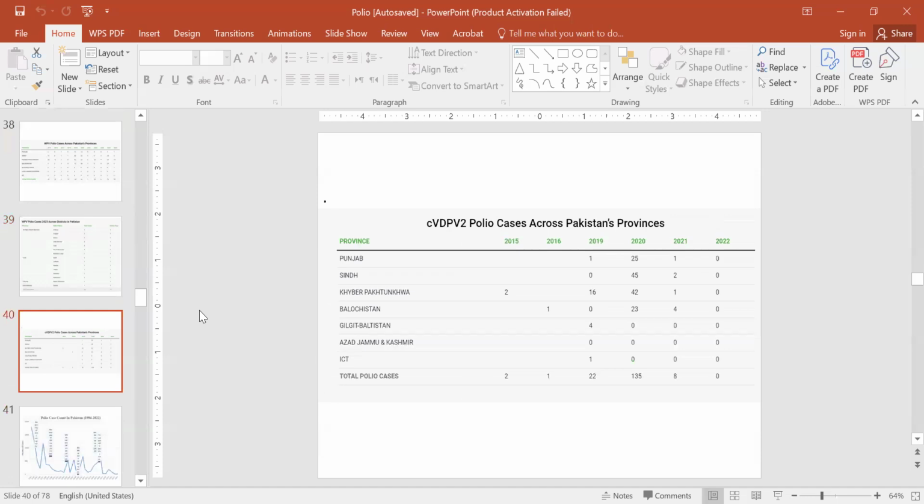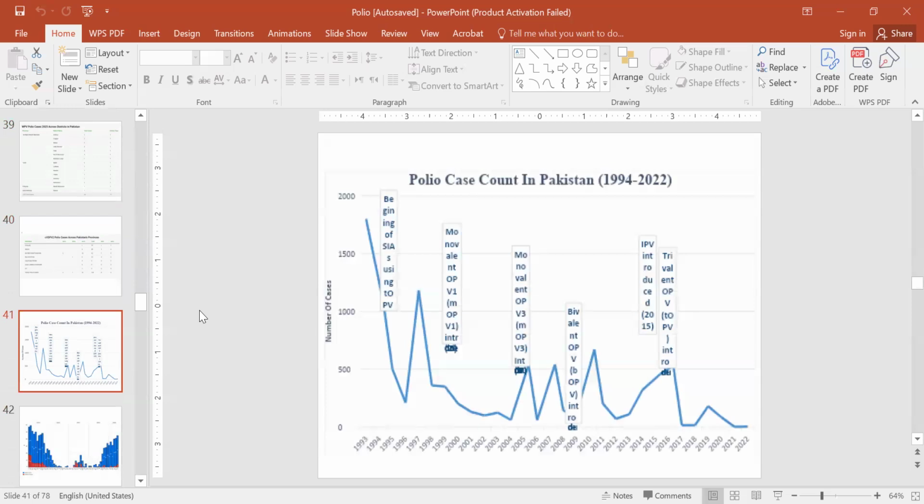These are the cases of CVDPV2 polio, and none of the cases have been reported since 2022. This is just an overlook of the number of cases in Pakistan in previous years, that you can see that this graph has always been haphazard.